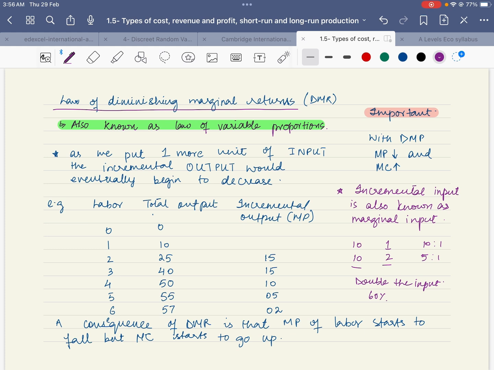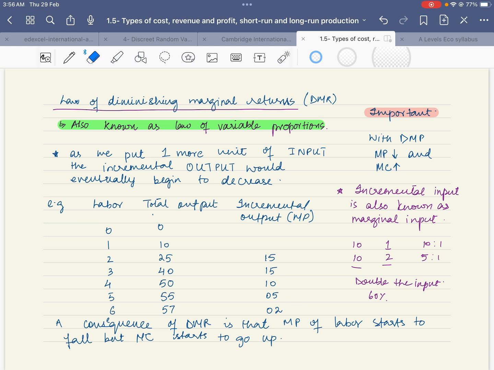So we can see in this case that as labor input is increasing 1 unit at a time, total product will increase, but the incremental increase is going to be smaller with every unit. Eventually, the incremental product, or the marginal product, will become negative.